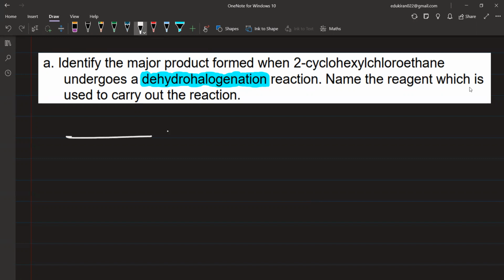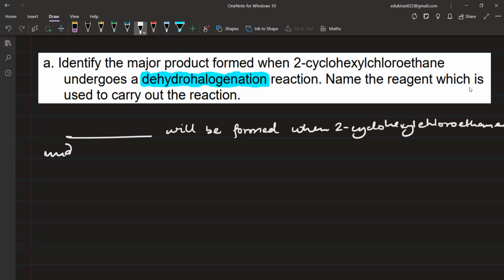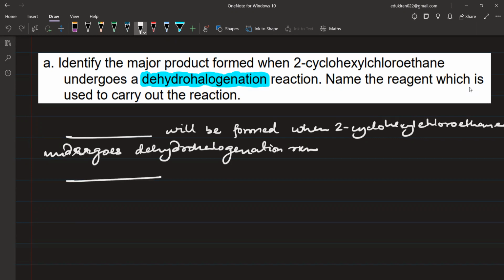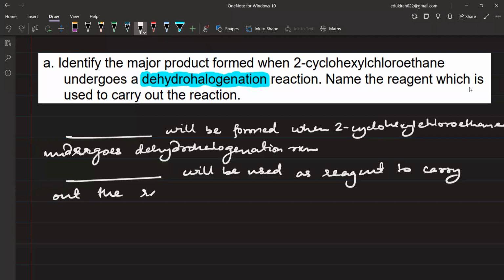Dash will be formed when 2-cyclohexylfluoroethane undergoes dehydrohalogenation reaction, dash will be used as reagent to carry out the reaction. You just have to write this in this way. Don't have to show the reaction.